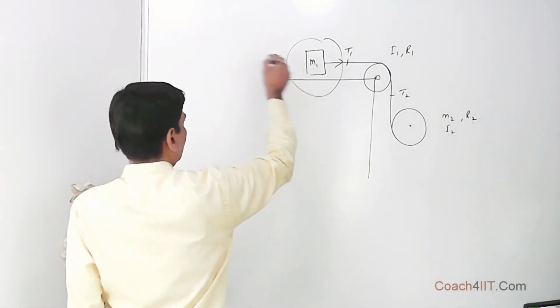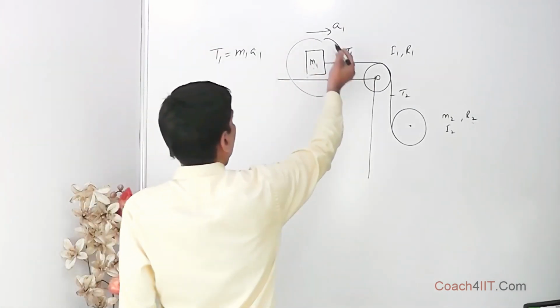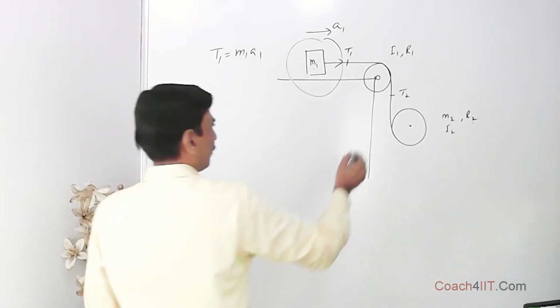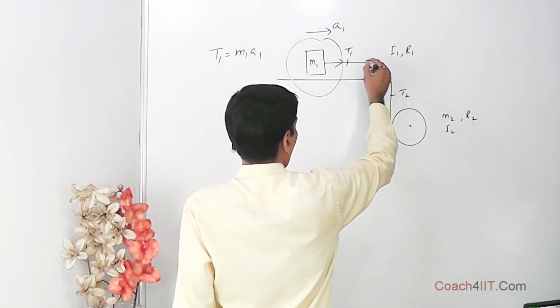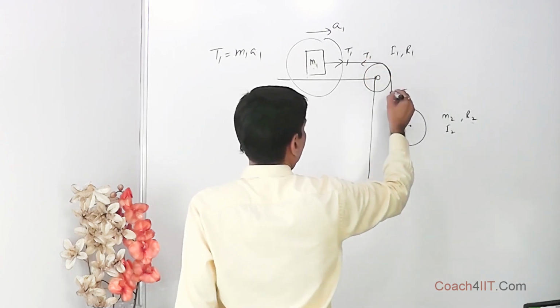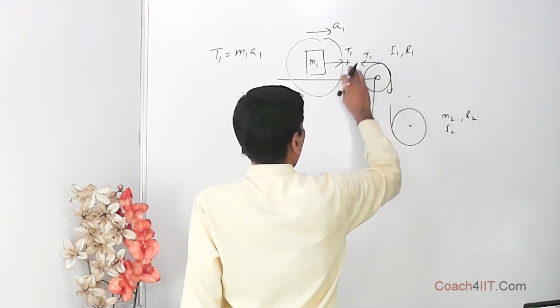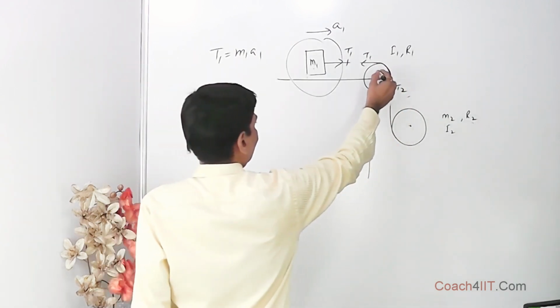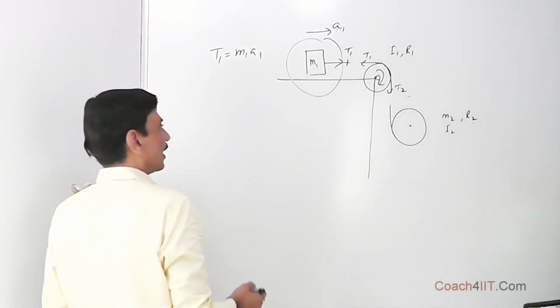So the equation for this is T1 equals M1 into A1, where this goes with acceleration A1. If we talk about this free body, T1 is in this direction and T2 is in this direction, and alpha is in this direction.